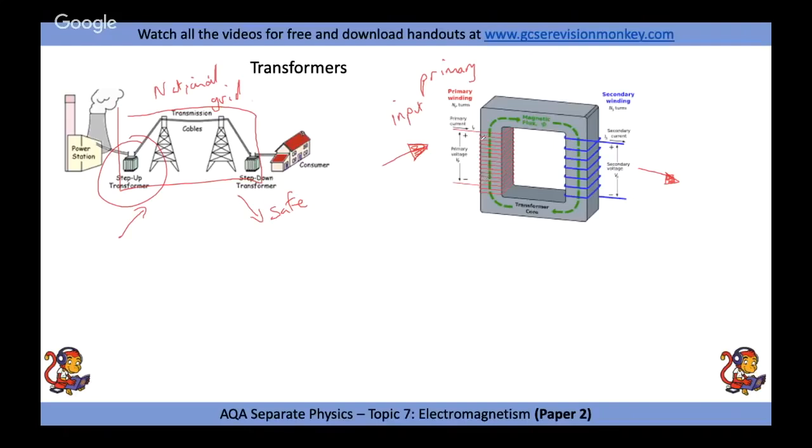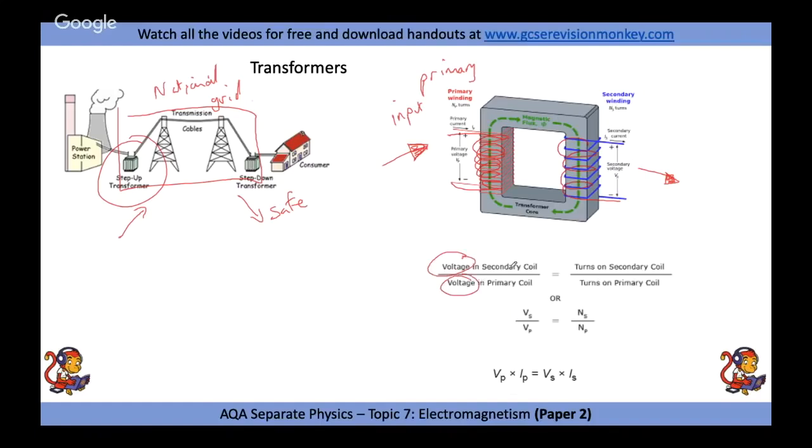So on this side, we can see we've got lots and lots of coils. On this side, we can see we've got fewer coils. Now, the ratio of the number of coils on both sides is the same as the ratio of the voltages. So this gives us our equation of the voltage in the secondary over the voltage in the primary. So our ratio of voltages is the same as the ratio of the number of turns.